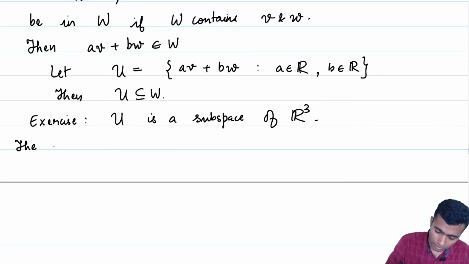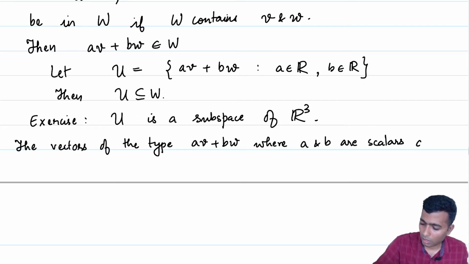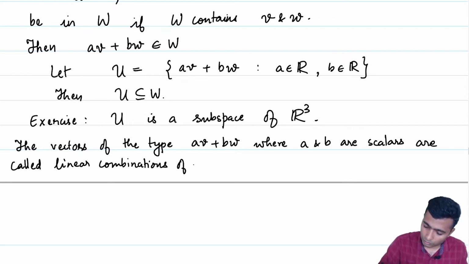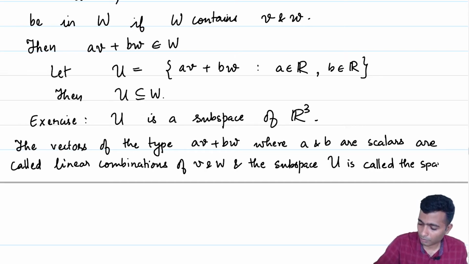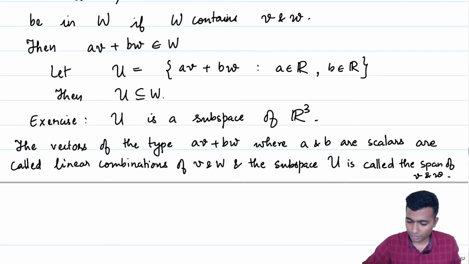The elements, the vectors of the type AV plus BW, where A and B are scalars, are called linear combinations of V and W, and the subspace U is called the span of V and W. Of course, this was for a very special case, right?